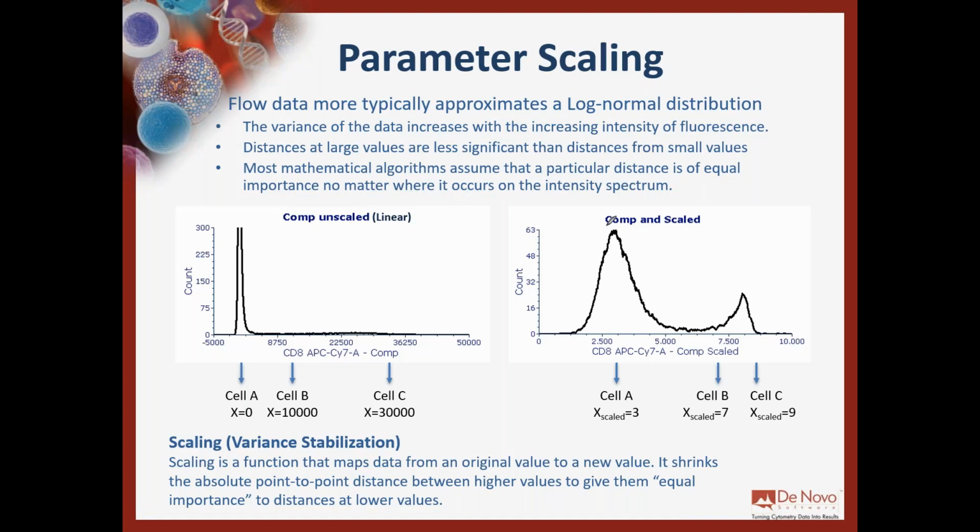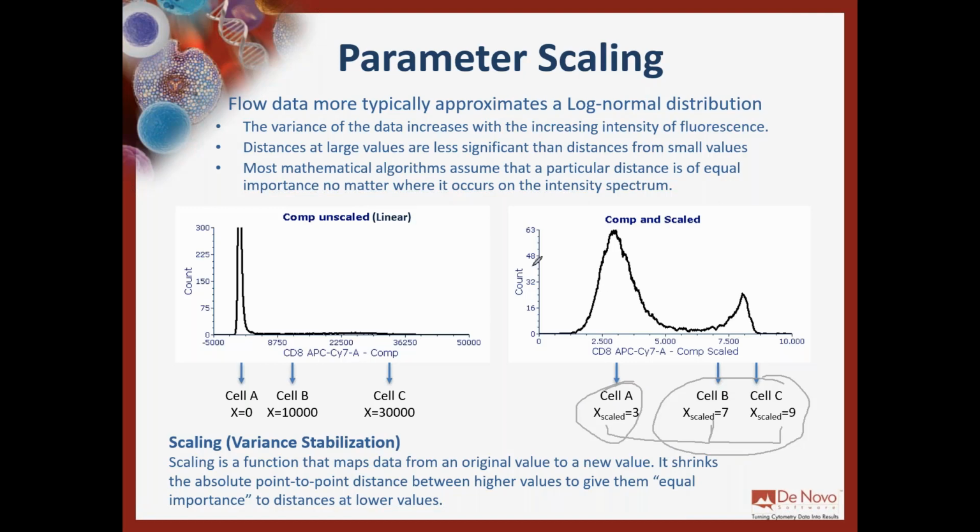And now, if you ask the same algorithm as before, please do the same as you did before, but using the scaled data, now the algorithm will group B and C, because between B and C you have a distance which is 2, which is smaller than the distance between A and B. So now A is apart, and B and C are together.